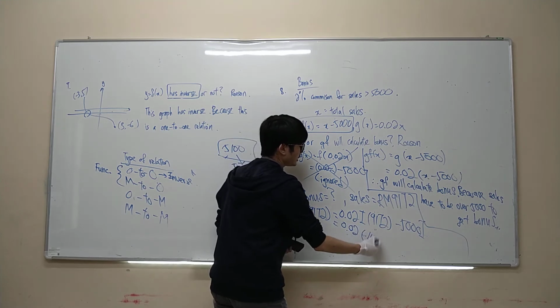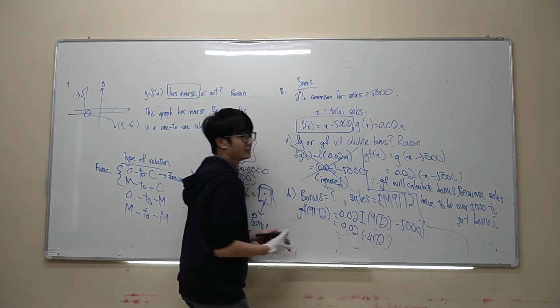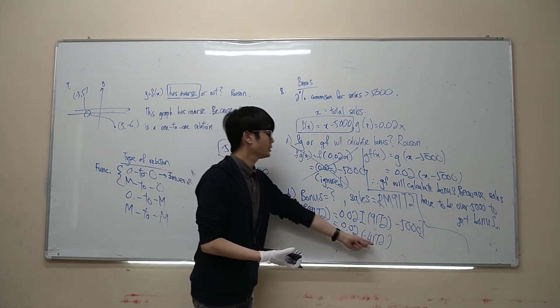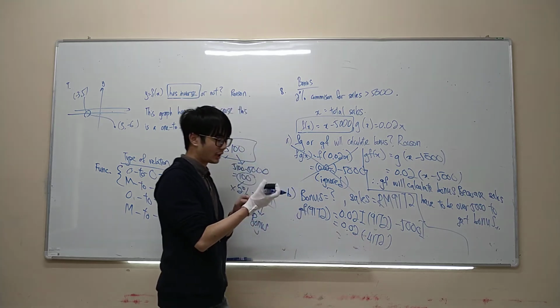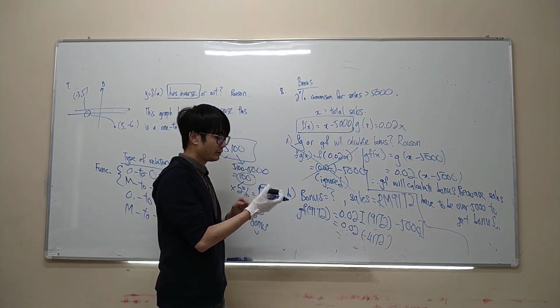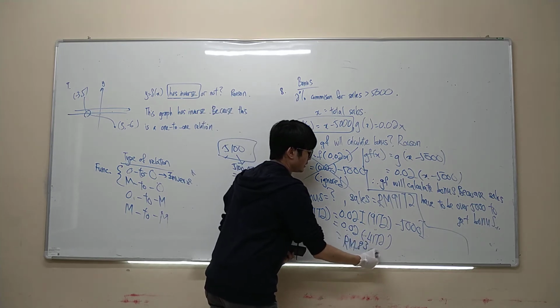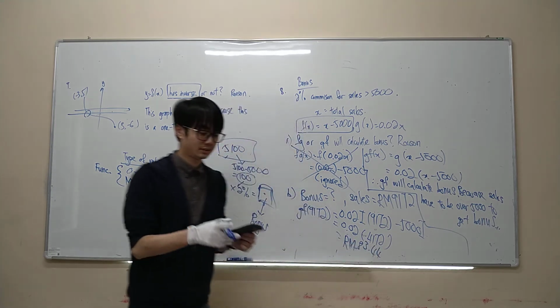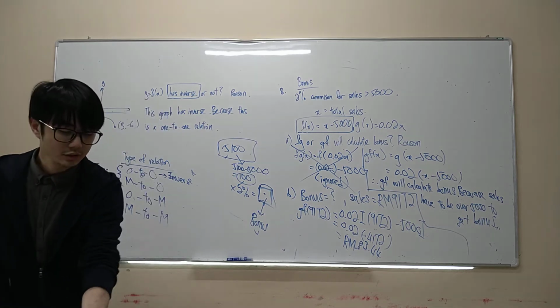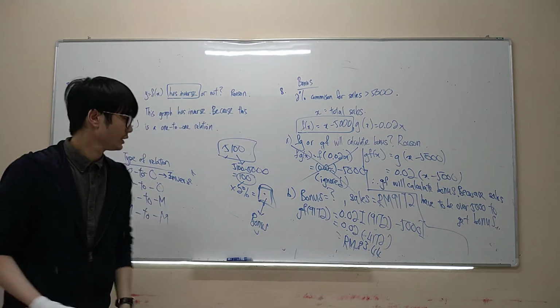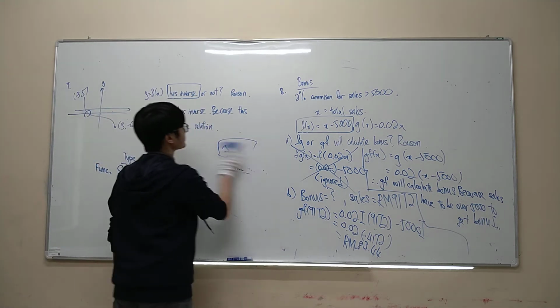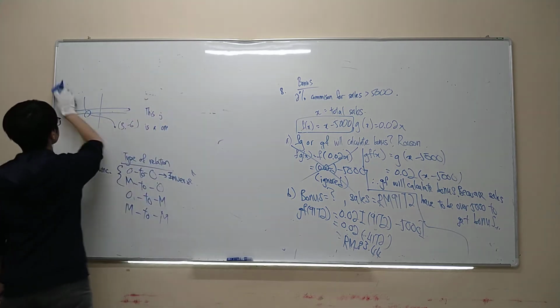But 4172 is gain lebih 4172 lah. So maksudnya yang ni he will get the commission, so times 0.02. So you will get what? 83.44. Don't forget to write RM please, because this is a price, right? So price mesti ada RM. So that's the answer. Okay, I'll erase it.